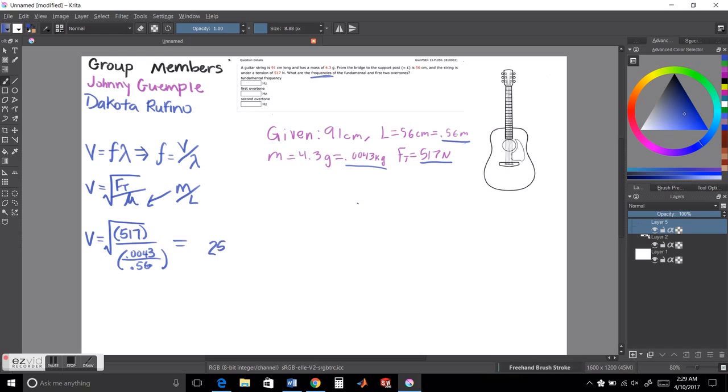When we calculate this, we get 259.48 as our value. Now my partner will continue this and calculate the frequency, and I will write his name for continuity.